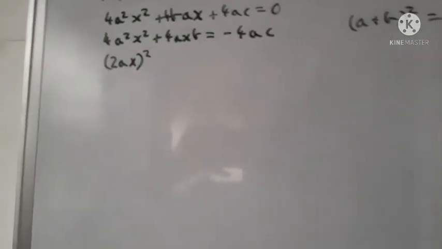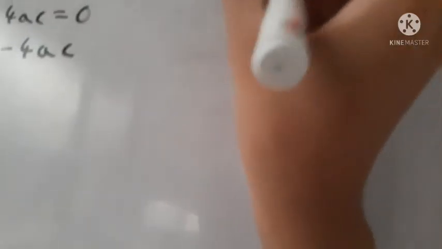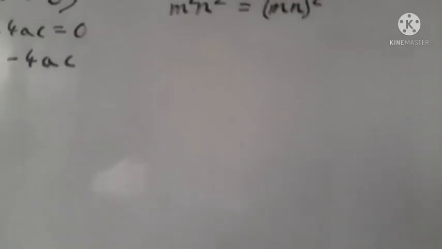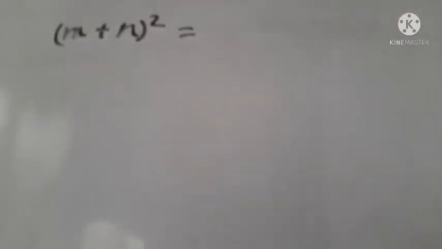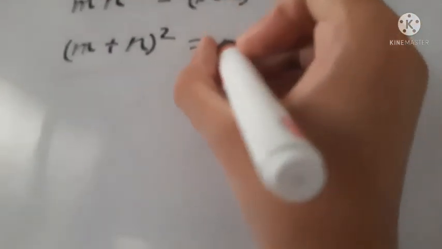Let's use some different variables for the examples, m and n. mn squared is equal to m times n quantity squared. And m plus n whole squared can be written as m squared plus n squared plus 2mn.